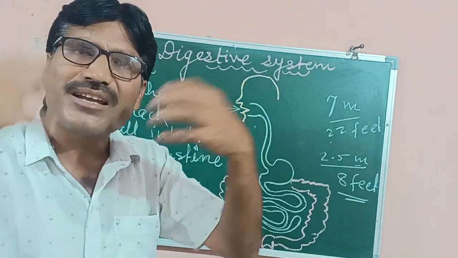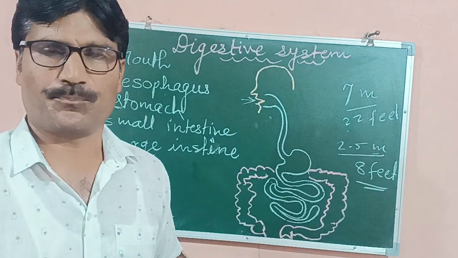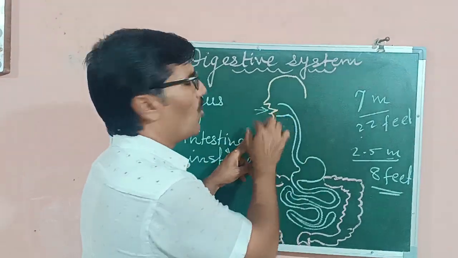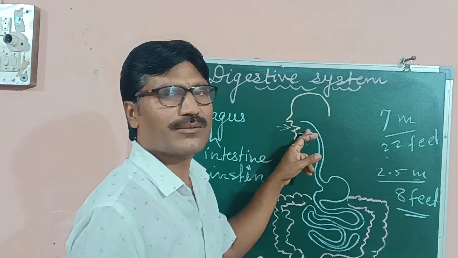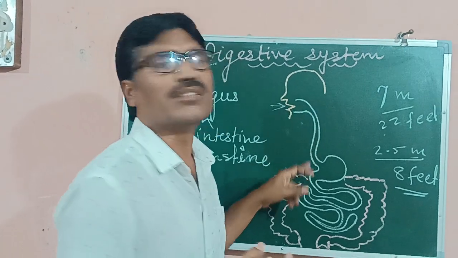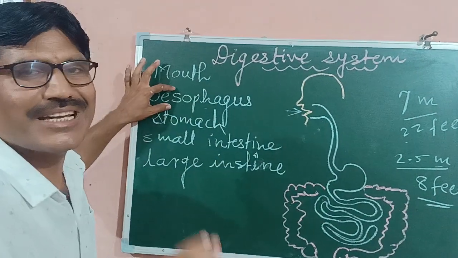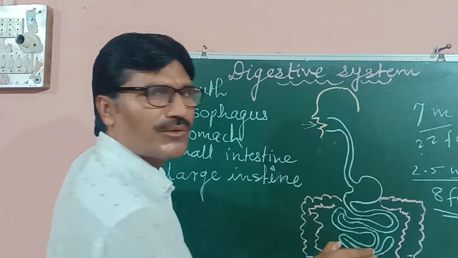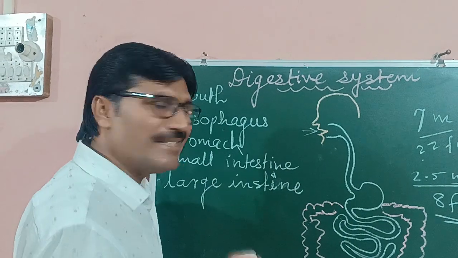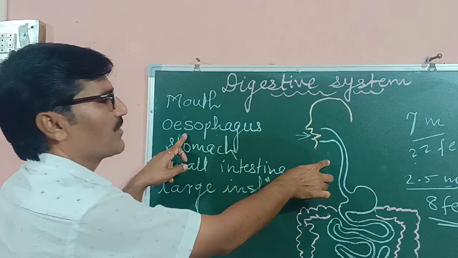All these things are eaten by us every day. All such foodstuffs are softened so that they can be pushed normally, easily throughout this tube, which is called the esophagus.